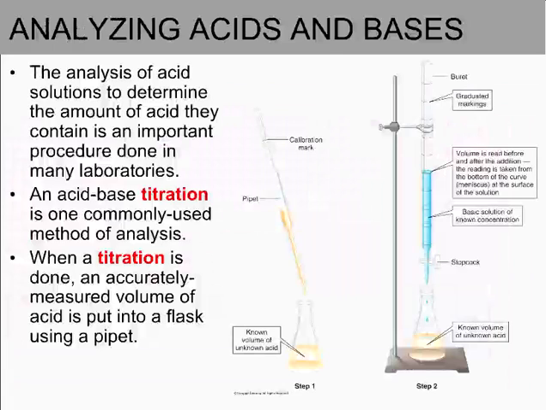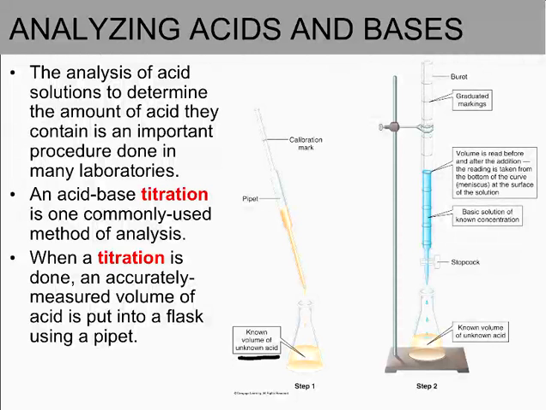So instead of just using pH paper or cabbage juice as an indicator, we can get a more exact amount of acid in solution, or a more exact pH, for instance. All right, so in a titration, we're going to have typically an acid with unknown concentration.